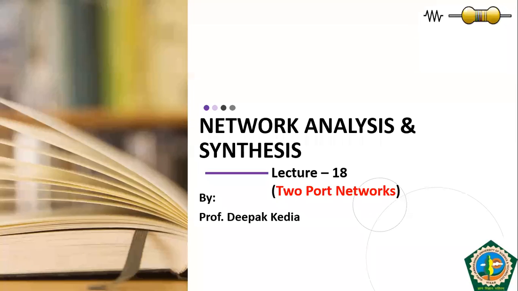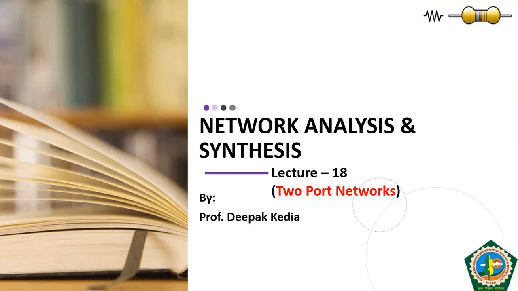We are simply concerned with the input port and the output port. So that's the beauty of two-port networks. We are able to visualize our network input and output without worrying about the circuit components.